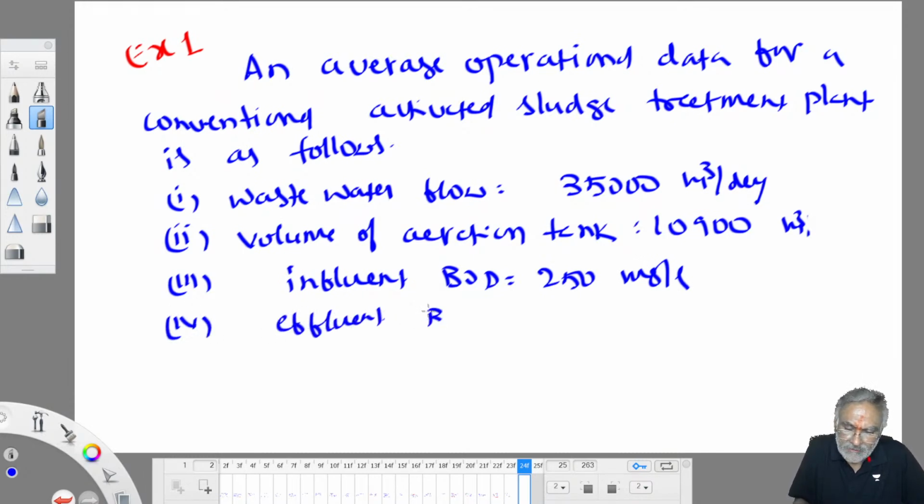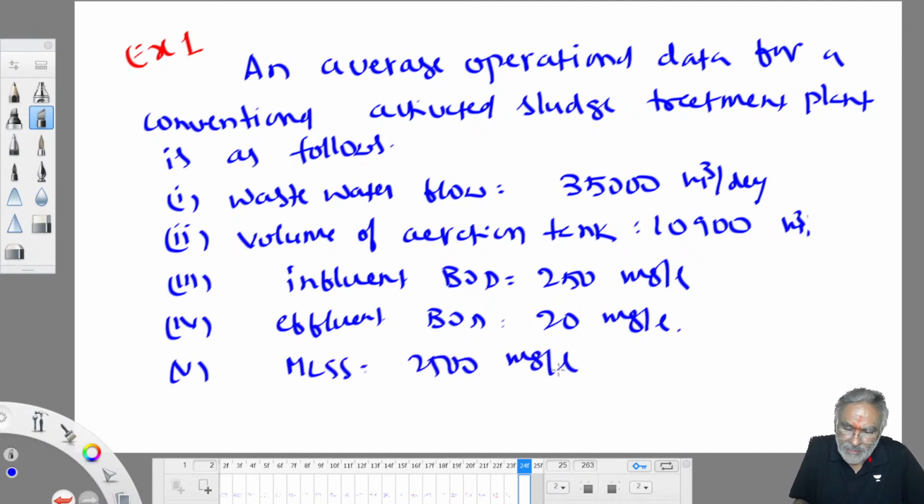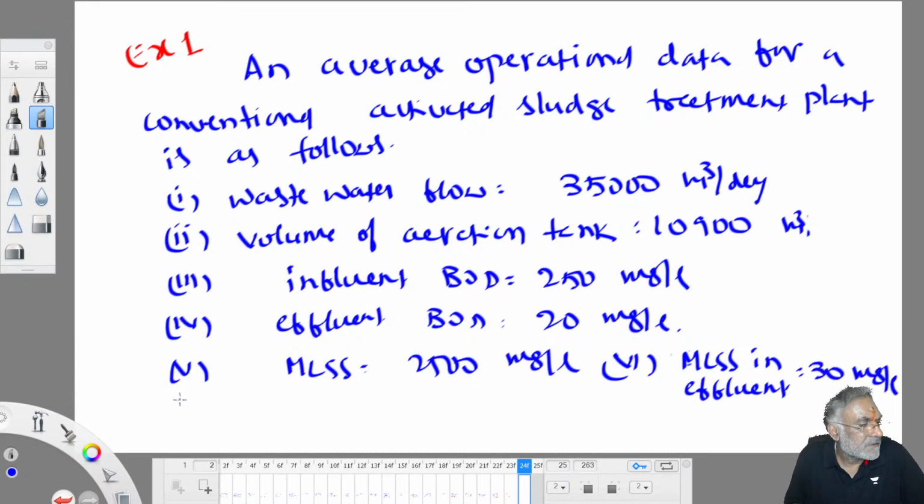Effluent BOD: 20 milligram per liter. 5th, MLSS: 2500 milligram per liter. 6th, effluent suspended solids, that is MLSS in effluent: 30 milligram per liter. Waste sludge suspended solids, that is MLSS in waste sludge.